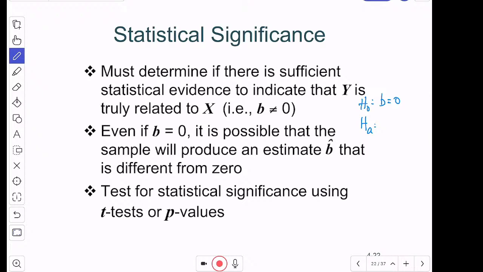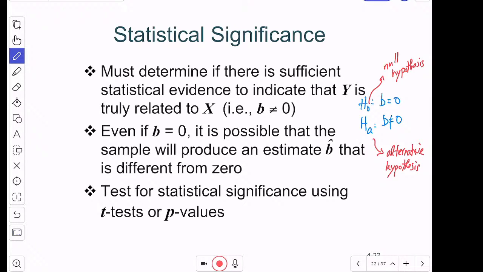And we're going to test it against the alternative. So this stands for the null hypothesis, and this stands for the alternative hypothesis. And the null hypothesis is null, for nothing, no effect.